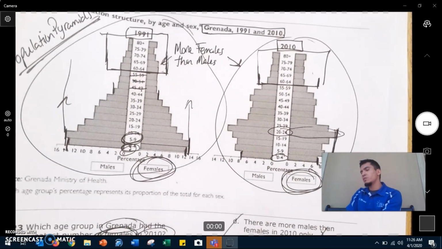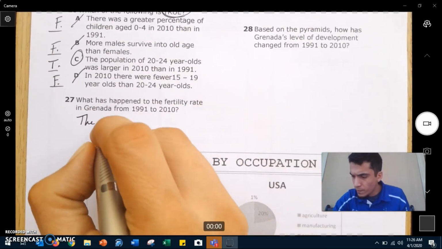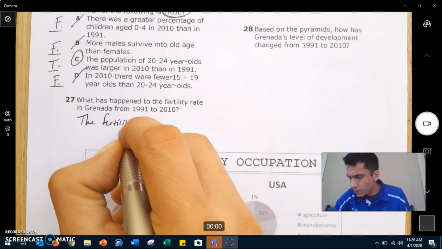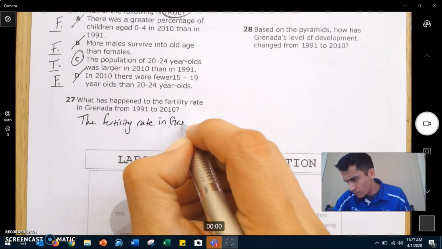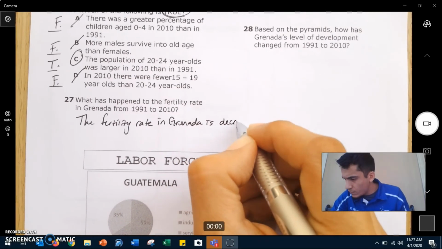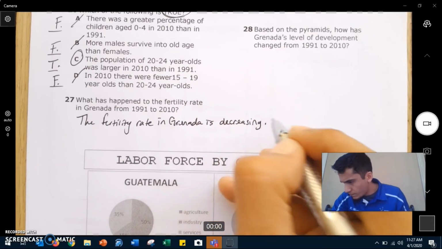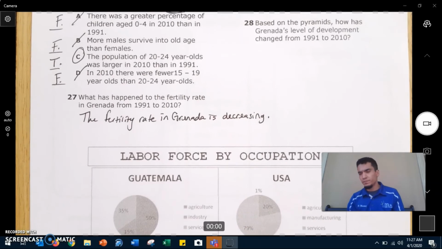So it's actually decreasing by half. So the fertility rate in Grenada is decreasing, which actually means the country is becoming more developed.